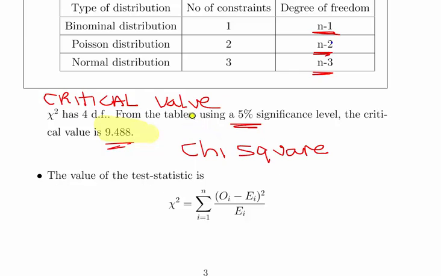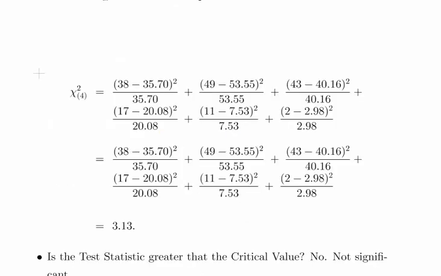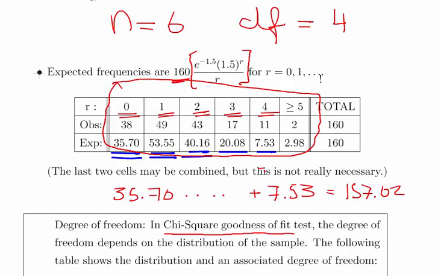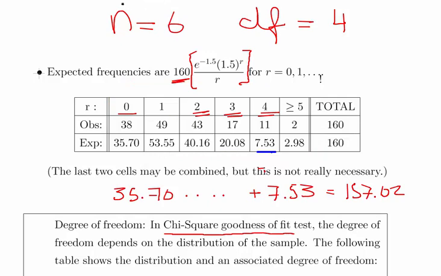Now we're going to calculate the test statistic, using the standard formula for the chi-squared test statistic. We take the observed minus the expected, square that, and then divide by the expected value. To be clear, these values here are observed.